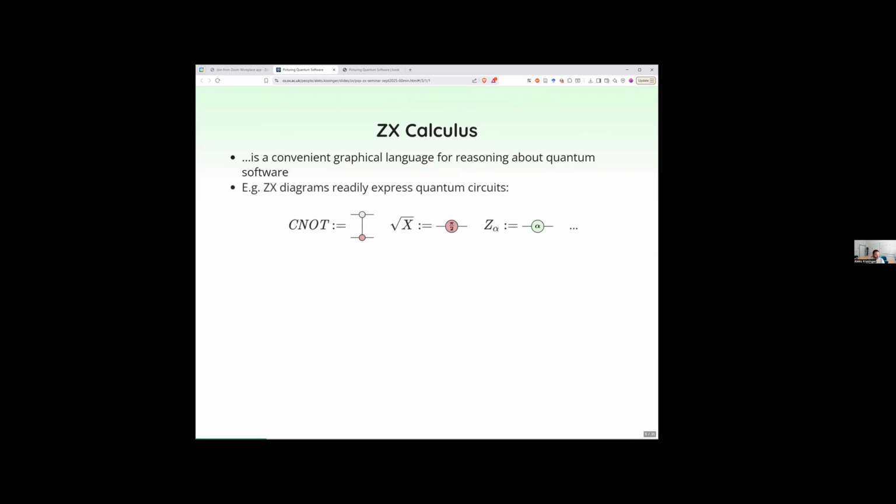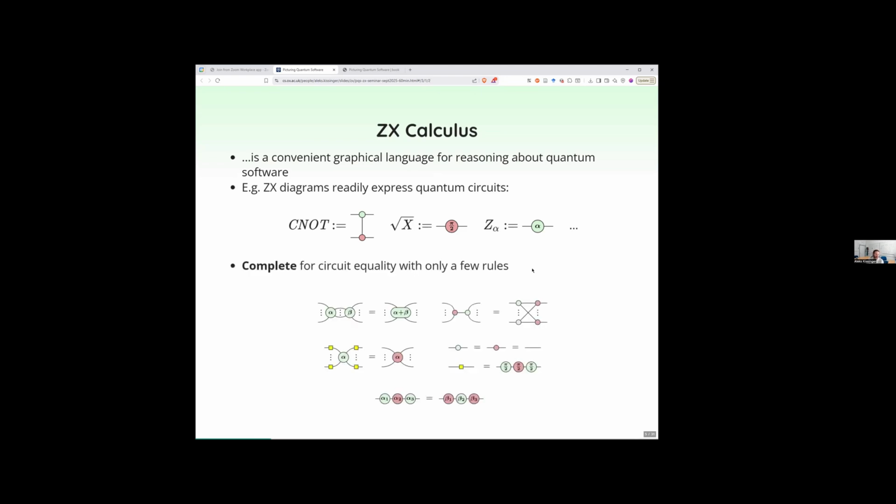I guess many people here are very familiar with the ZX calculus. This is a convenient graphical language for reasoning about quantum software. One of the reasons for that is that ZX diagrams, which are the syntax of ZX calculus, very easily express quantum circuits. For instance, here's a universal family of circuits in ZX notation, and it is complete with circuit equality.